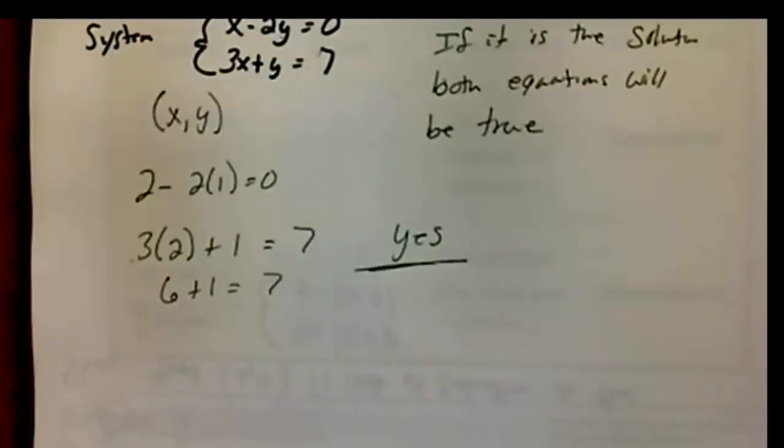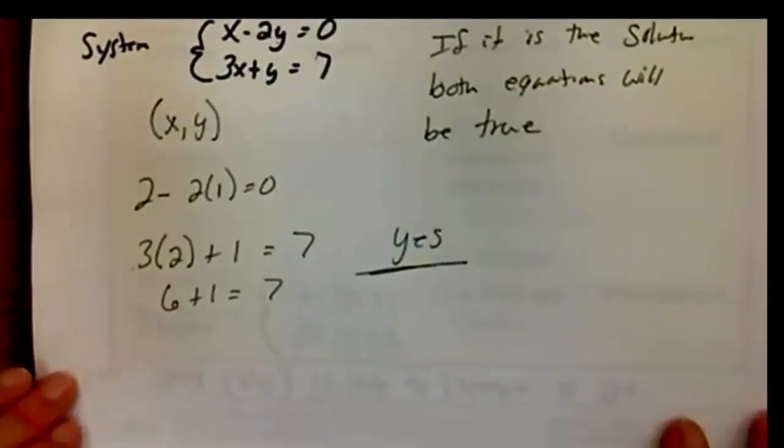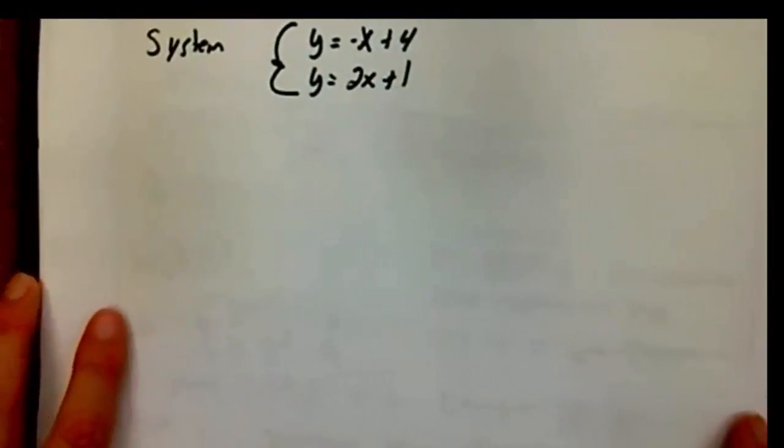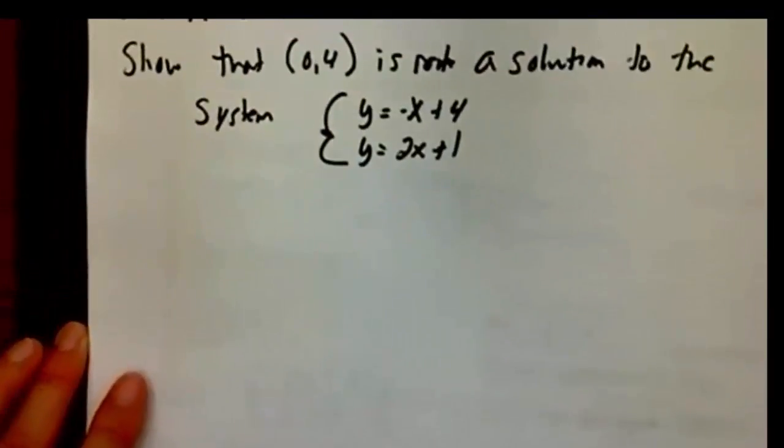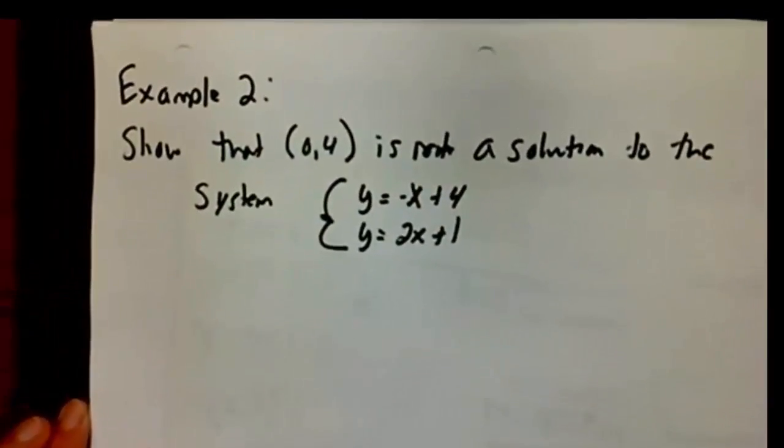Now, not always are you going to be given the point that makes the system. We're going to have to find it sometimes, and so that's kind of the goal with this. So if I flip that page over, we're going to show that this one is not a solution to this system of equations. So if I plug in my values, is it going to work?